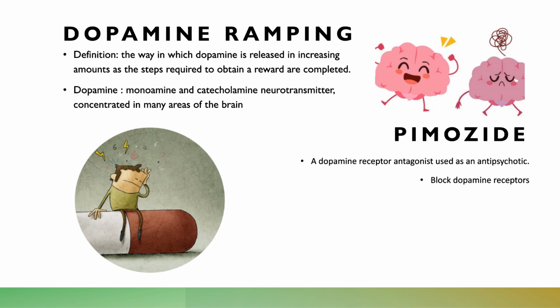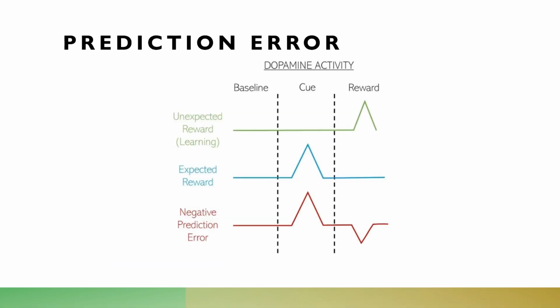Dopamine is released onto neurons in the nucleus accumbens during completion of a rewarding behavior. It helps train the brain to engage more in this behavior. Opposite to dopamine is pimozide, a dopamine receptor antagonist used as an antipsychotic to block dopamine receptors.